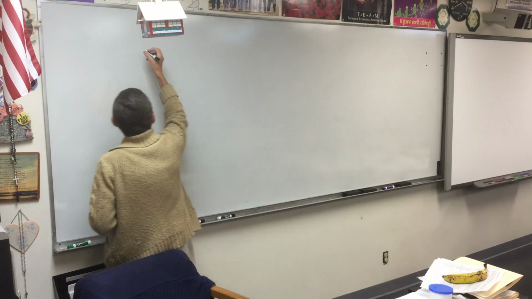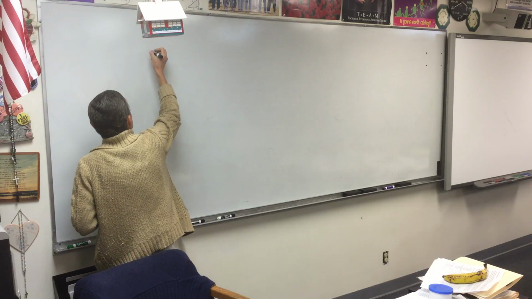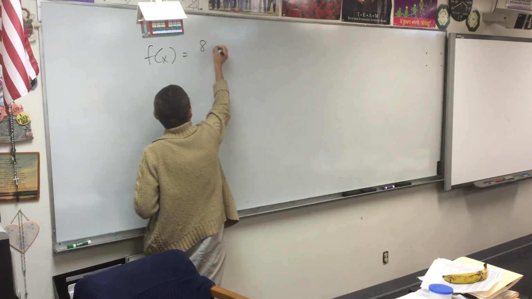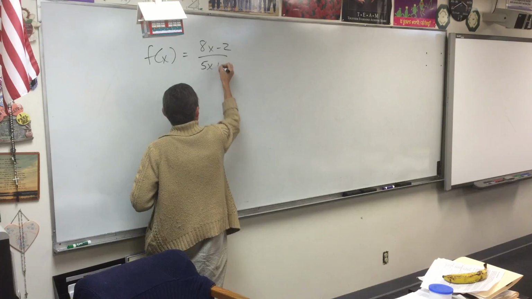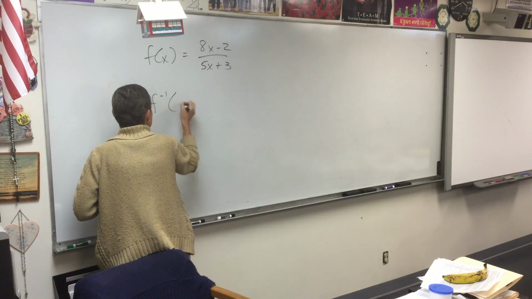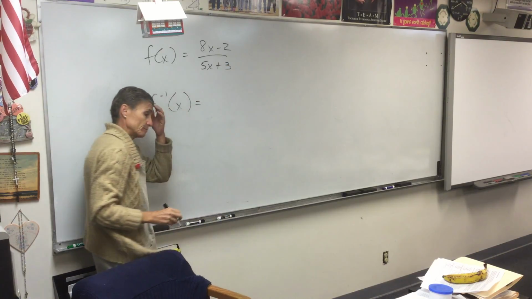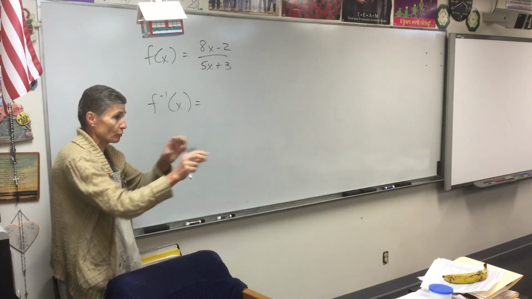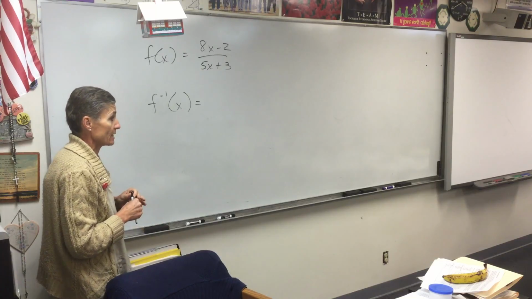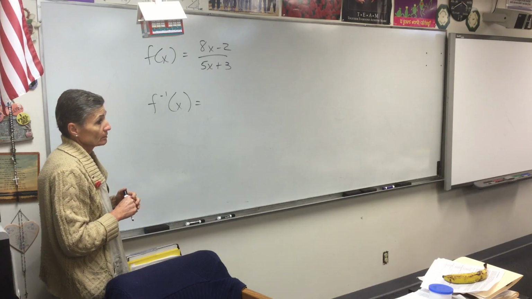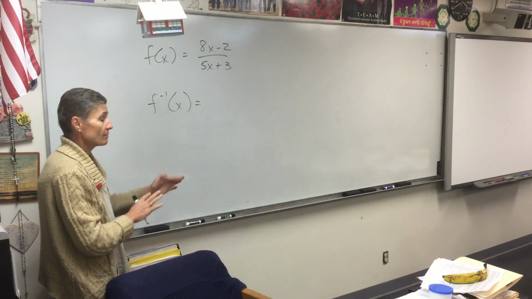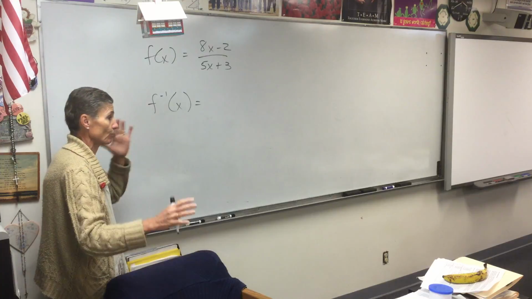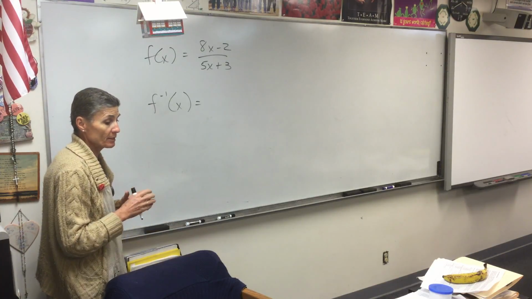We're going to do one quick review problem. The directions say f of x equals 8x minus 2 over 5x plus 3, and your job is to find f inverse. This is what you did in your little groups last time we were together. We're not in the note sheets or on the graph paper; we're doing this to get refreshed a little bit, and then we're going to jump in and do these graphs.